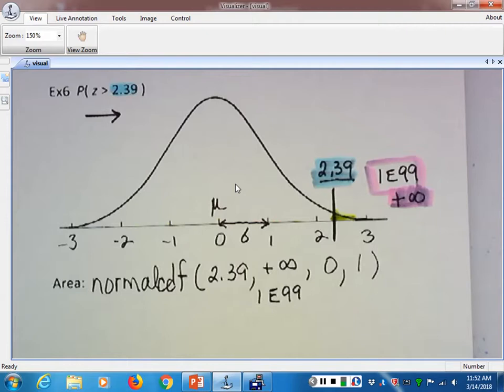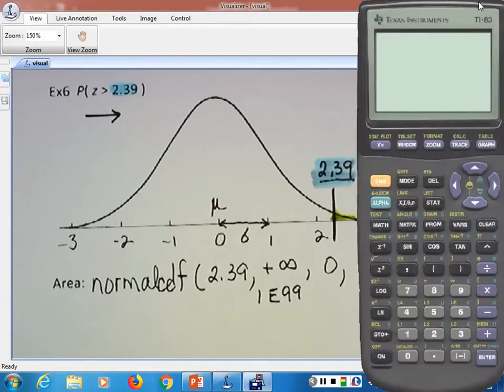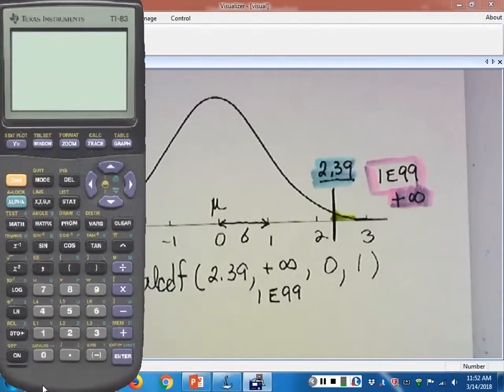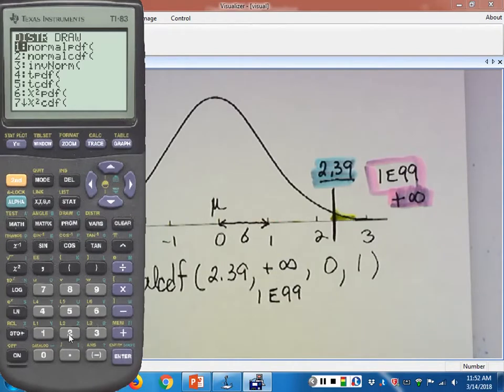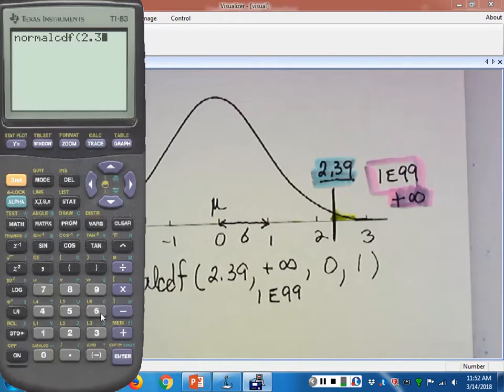It's important that you understand that. So then we'll get the calculator. The second bar's choice number 2, go from positive 2.39 to 1 second comma 99. Second comma gives you your E, and then 0 and 1.